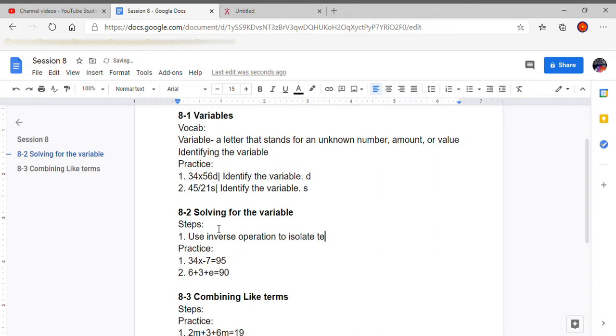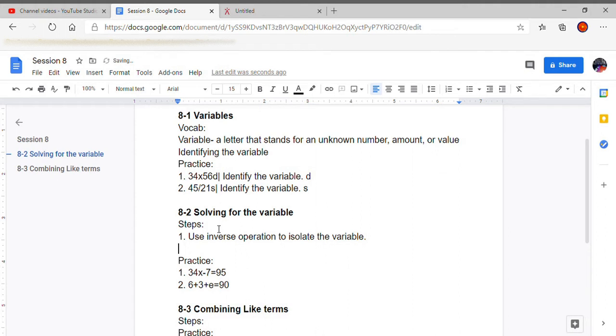This is the major step, isolate the variable. But to do this, you're also going to have to follow order of operations backwards. So eventually you're going to get the isolated variable using these 2 steps.